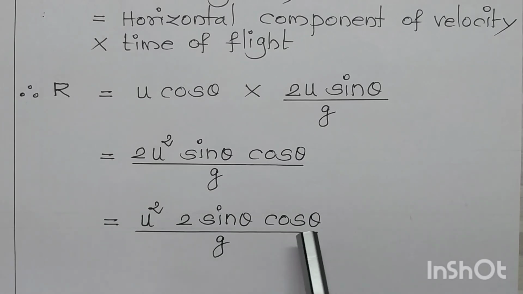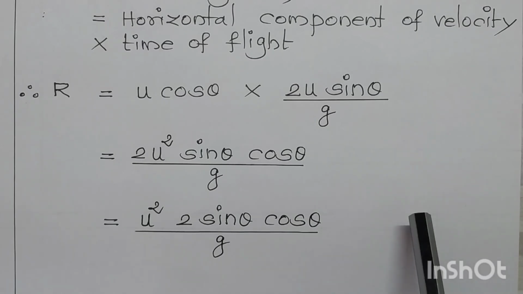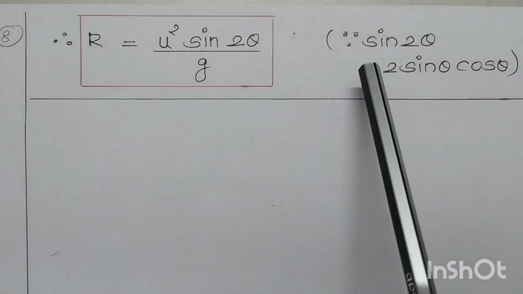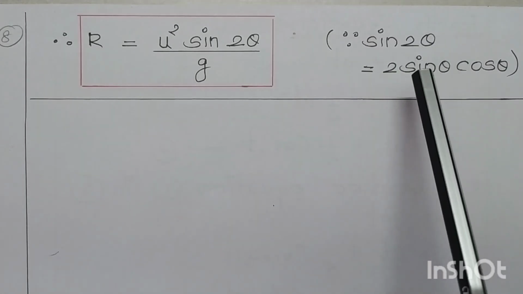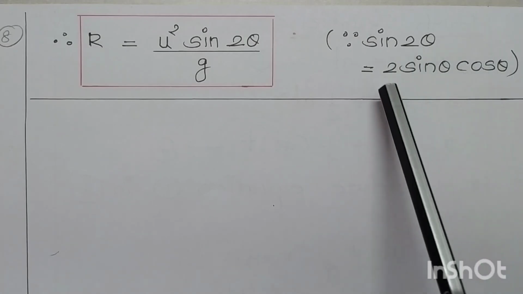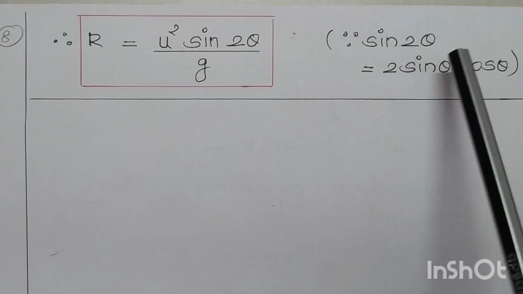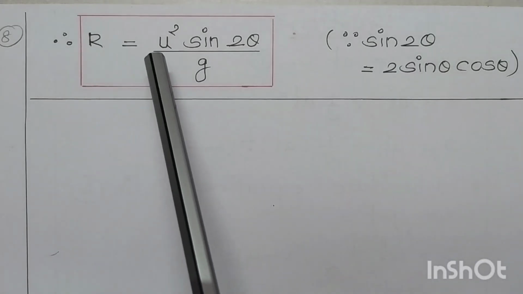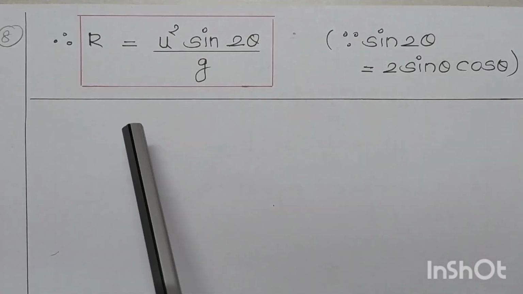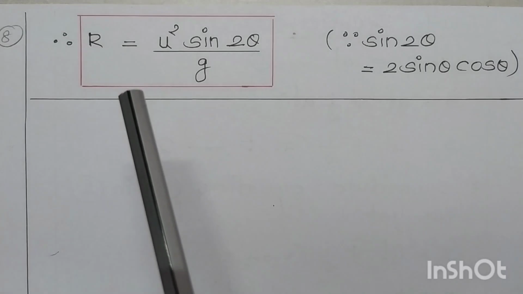Now we all know the trigonometrical formula: sin 2 theta is equal to 2 sin theta cos theta. So in the place of 2 sin theta cos theta, we can write sin 2 theta. Here the trigonometric formula is given for your better understanding. So capital R is equal to u squared sin 2 theta by g. This is the expression for range, in other words maximum range.